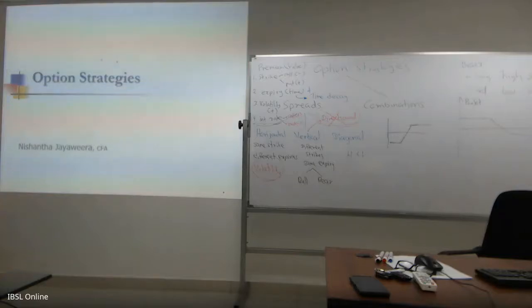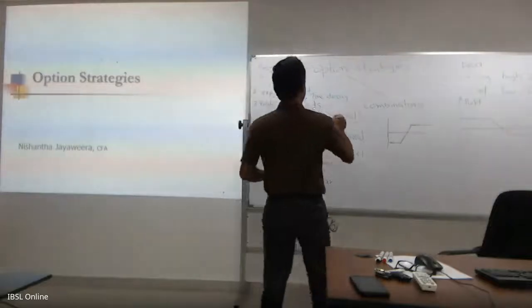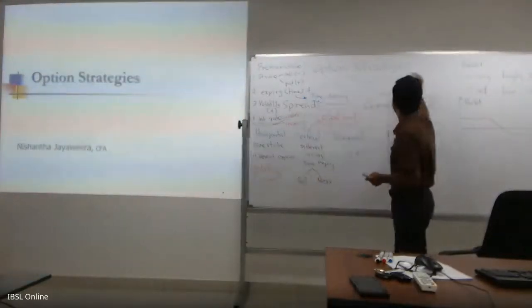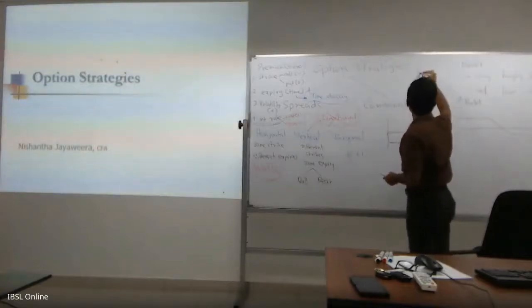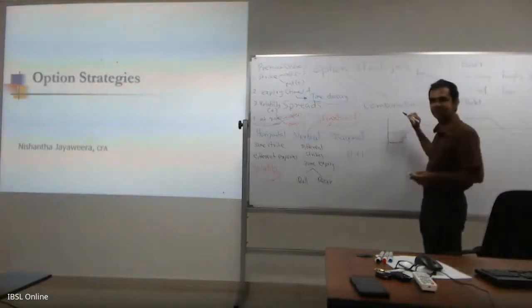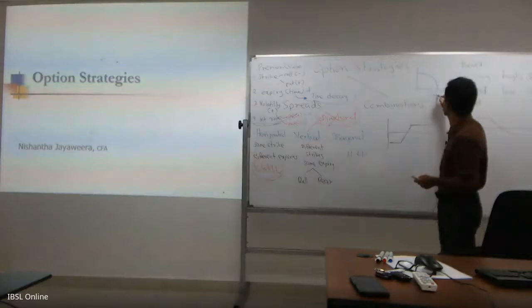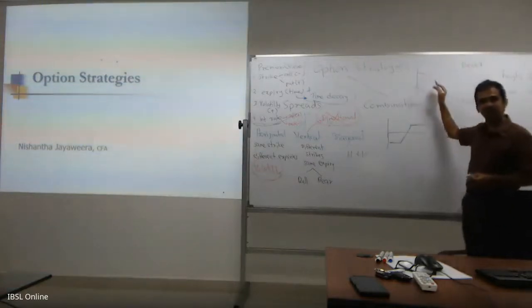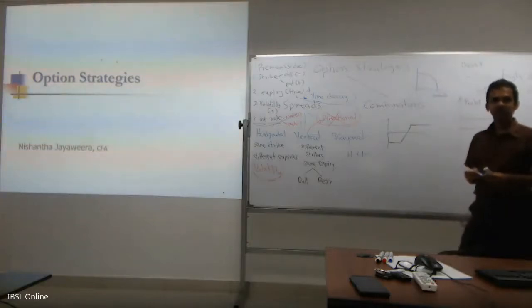Short. If you remember this concept, time decay, you know why. When it gets close to maturity, it's like that. This is the maturity. When it gets closer, price goes down very rapidly.